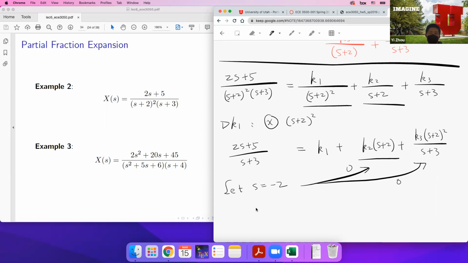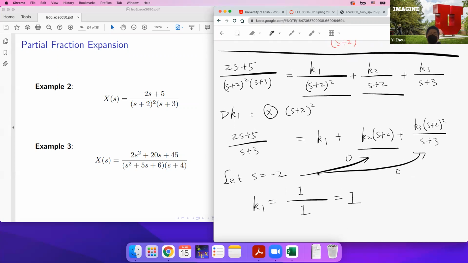And then you end up with k1 equal to this fraction evaluated at -2. If you plug in -2, you have 5 minus 4, which is 1, and 3 minus 2, which is 1. So k1 equals 1. Okay, so this is for k1.